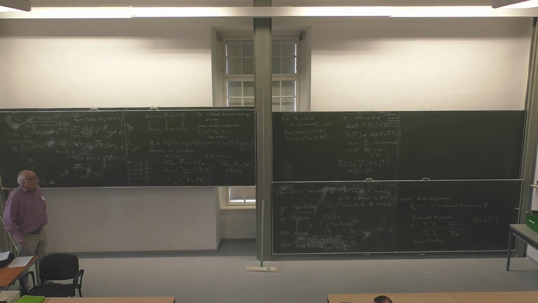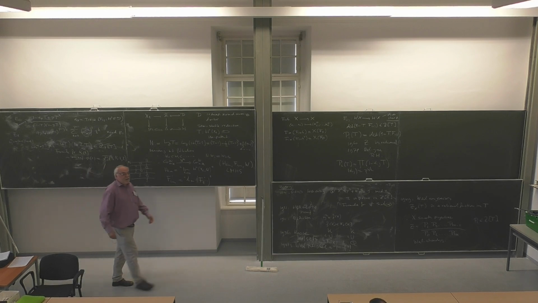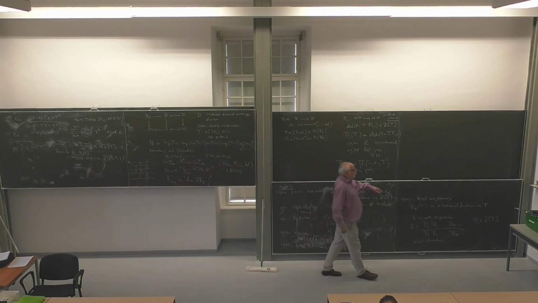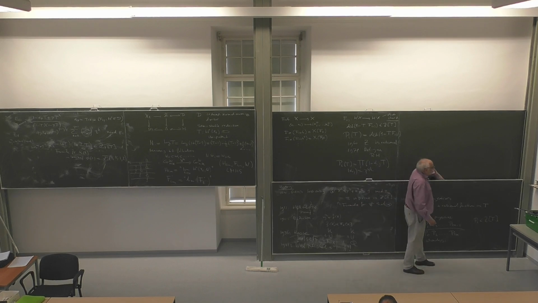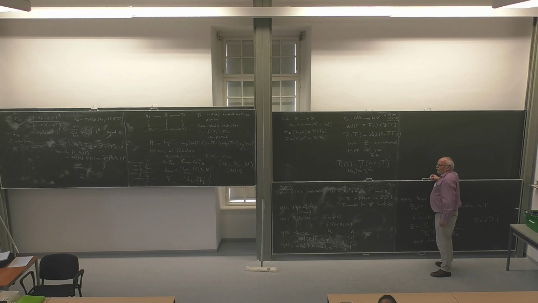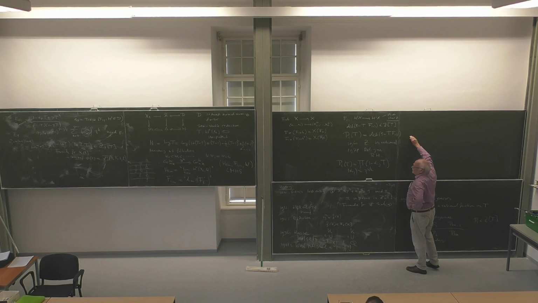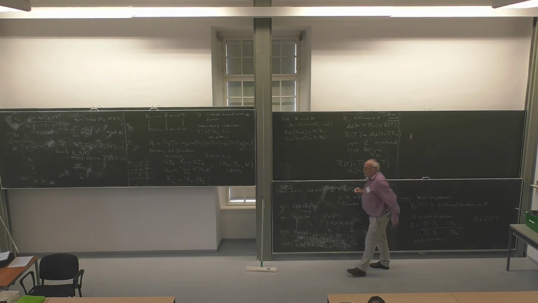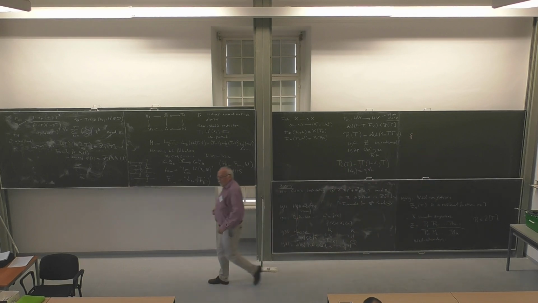And to be honest, we cannot prove much. We have an enormous amount of numerical evidence, p-adic numerical evidence. And I want to tell you about that now. So this is paragraph 2.